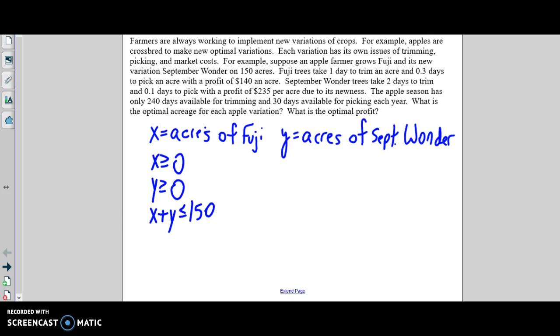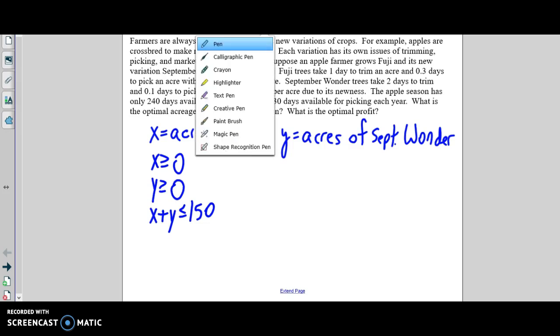Now it tells me that Fuji trees take 1 day to trim an acre and 3/10 of a day to pick an acre. September Wonder trees take 2 days to trim and 1/10 of a day to pick. And I have 240 days for trimming and 30 days for picking. So let's just focus on trimming.